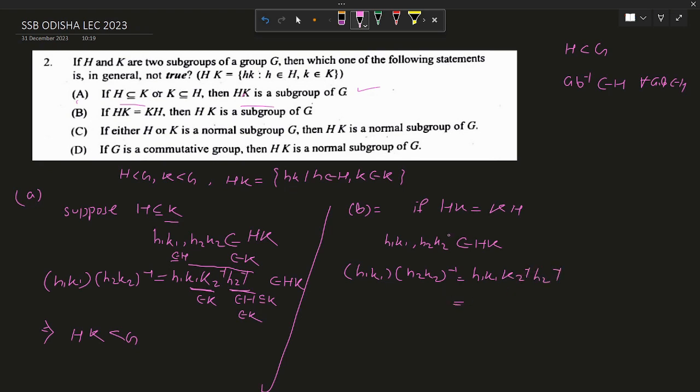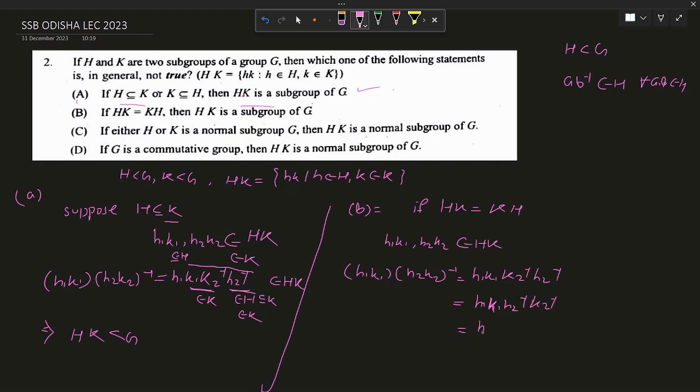So here since HK equal to KH, that means their elements also commute. So here h1k1, and k2 inverse h2 inverse I can write as h2 inverse k2 inverse, because these commute.